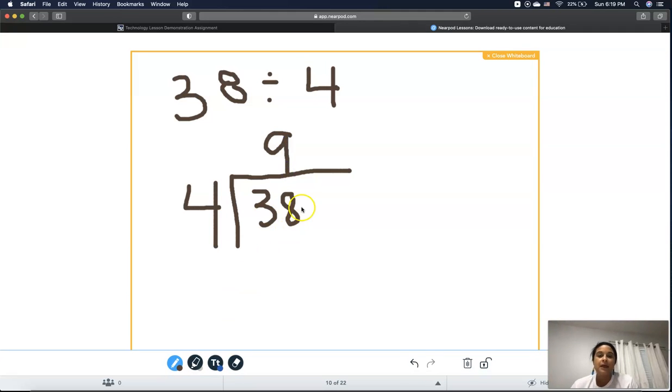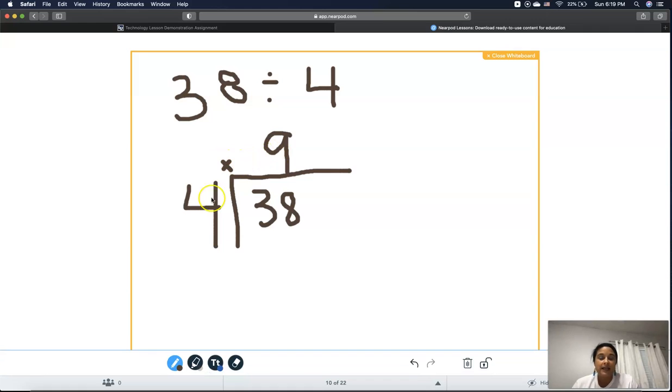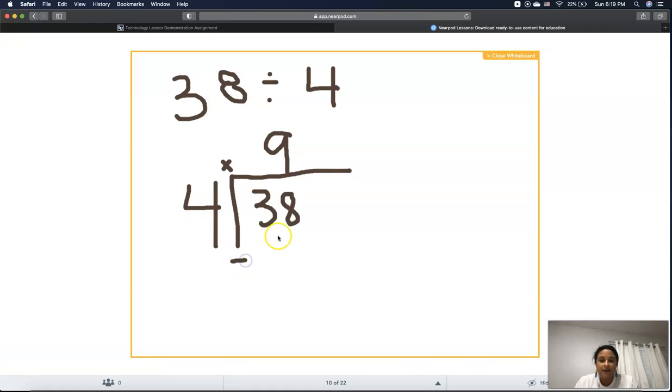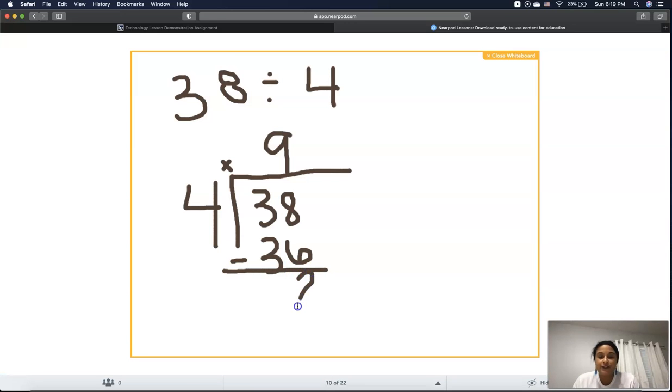Very good. Next we remember that we multiply. What is 9 times 4? 36. Good. Then we subtract 36 from 38. What is 38 minus 36? 2. Great job.